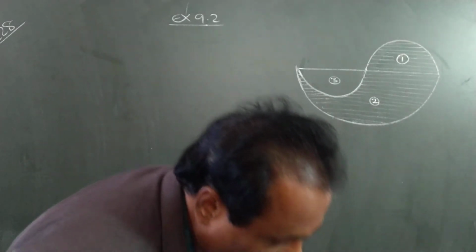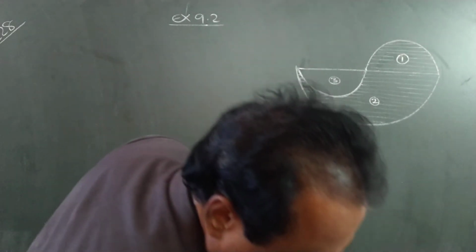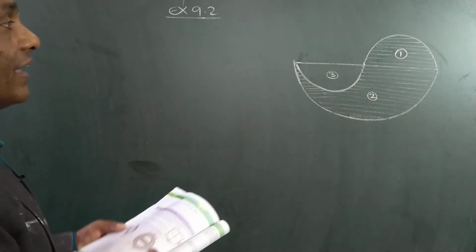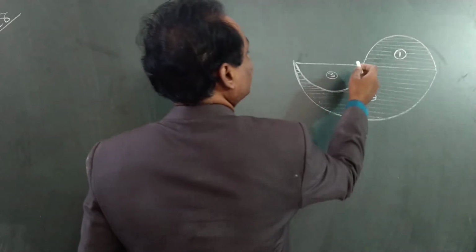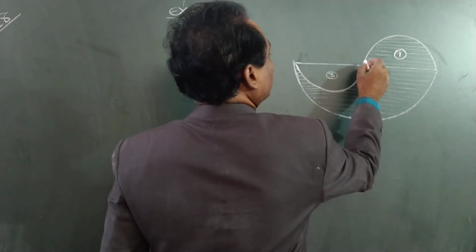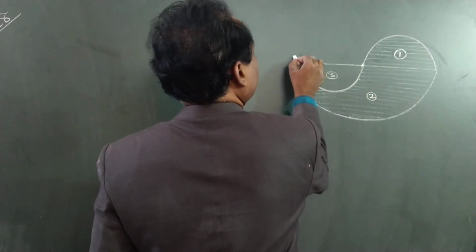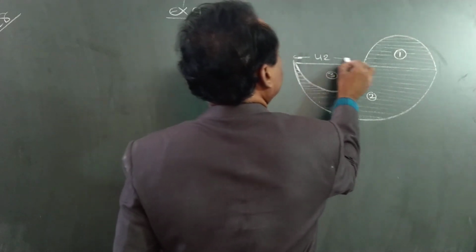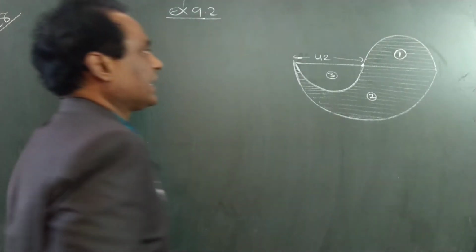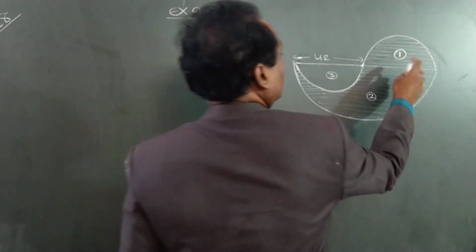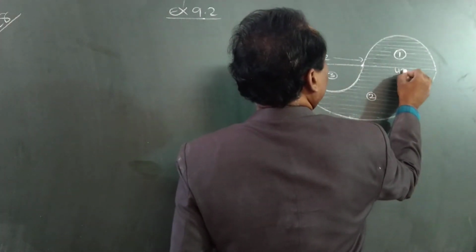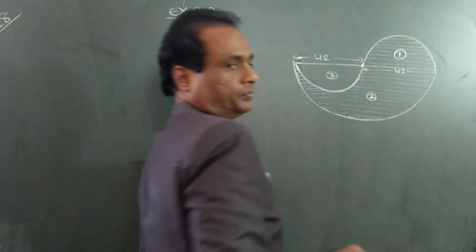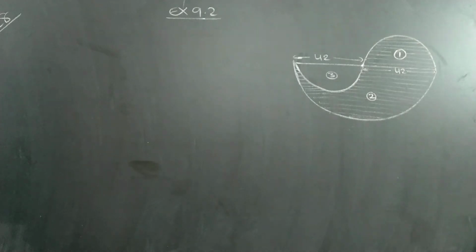This radius is 42. See here. This is the center of the circle. So this radius is 42. That means this is also 42. Radius is 42.